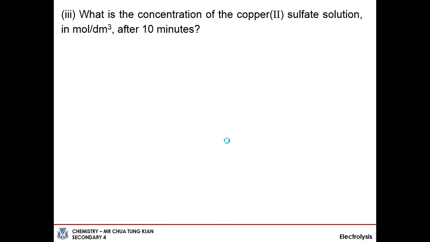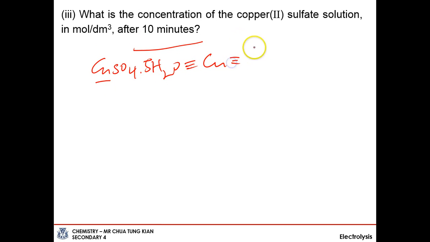So now the question is asking you what is the concentration of copper 2 sulfate solution after 10 minutes. So after 10 minutes, how do you calculate the concentration? So let's think about this. Copper 2 sulfate solution gives you 1 mole per 1 mole, and because the Cu2+ which is deposited comes from this Cu, this is also 1, so it's 1:1:1.